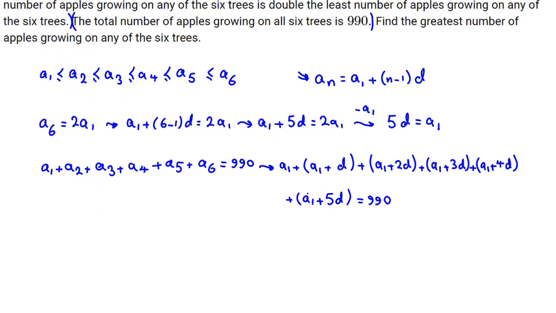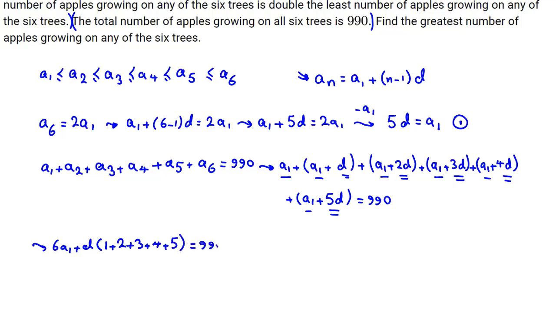Now, for the second equation, we have a1 six times, so it's 6a1 plus, if we factor out d, we have 1, 2, 3, 4, 5. So it will be d times (1 plus 2 plus 3 plus 4 plus 5) equal to 990.